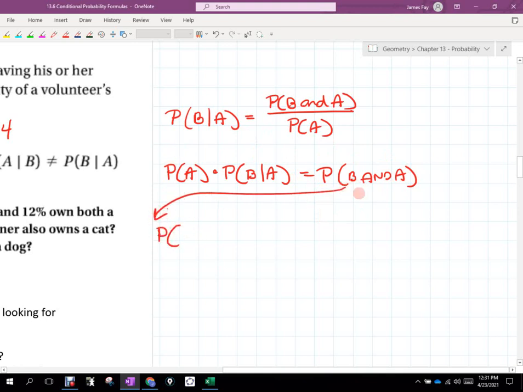The probability of B and A, I'm going to rewrite as A intersect B. And this over here, I'm going to rewrite as the probability of A times the probability of B given A has occurred.